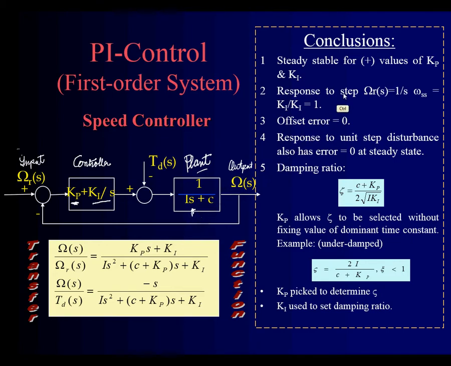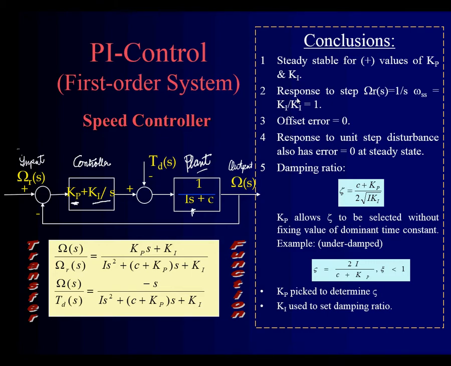If you put this kind of system together, this is what you should expect. One, steady, stable for positive values of Kp, or the proportional control, and the integral control.